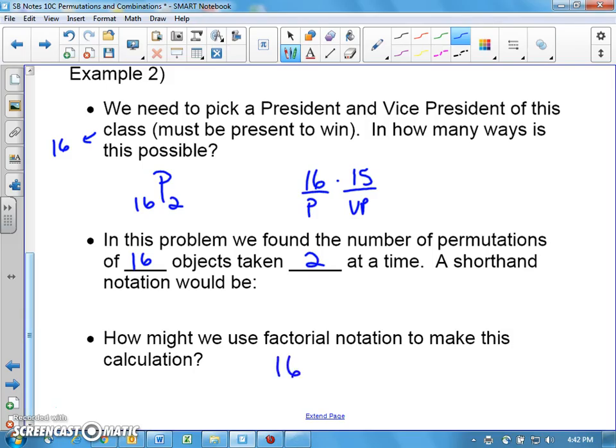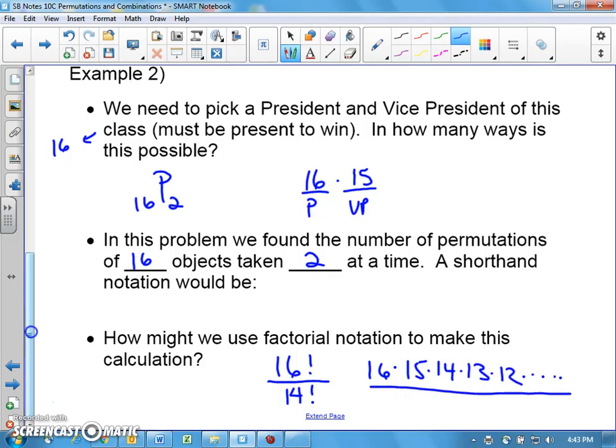I have 16 factorial, but I have to get rid of 14 down. So I need to divide by 14 factorial. So I would have 16 times 15 times 14 times 13 times 12, etc., divided by 14 times 13 times 12, etc. This would cancel all the way down and leave us with just 16 times 15.